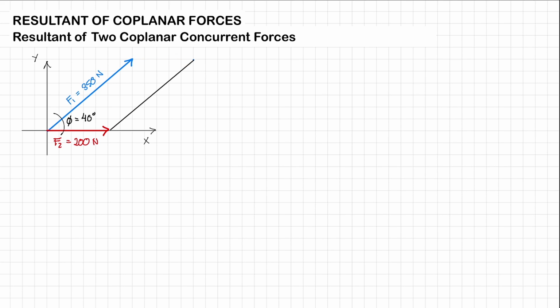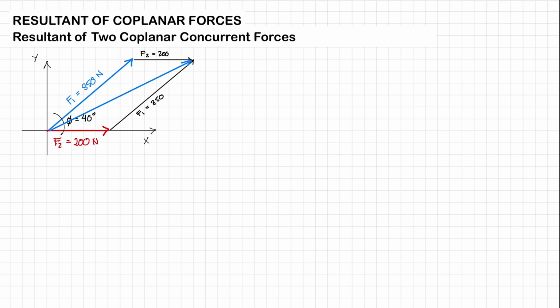Alright, so this is going to be our F1, or rather our F2. So this has the same magnitude and the same direction as your F2, and this one has the same magnitude and direction of F1. Right? And to solve for the resultant, as I stated earlier, this is just going to be the diagonal of our parallelogram. Okay?